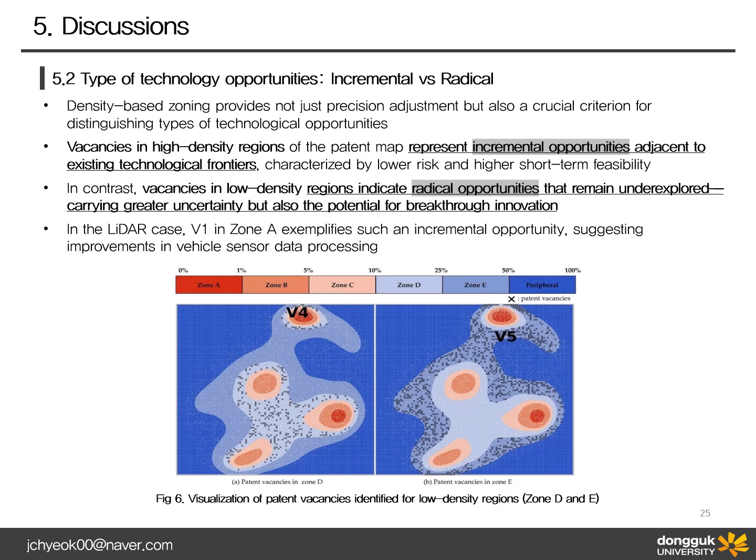In addition, density-based zoning is not just a matter of precision adjustment, but an important criterion for distinguishing types of technology opportunities. Vacancies in high-density regions of the patent map represent incremental opportunities adjacent to existing technological frontiers, characterized by low risk and higher short-term visibility.